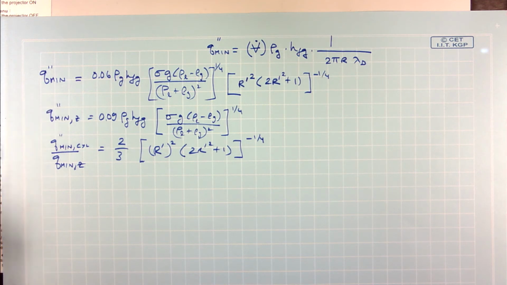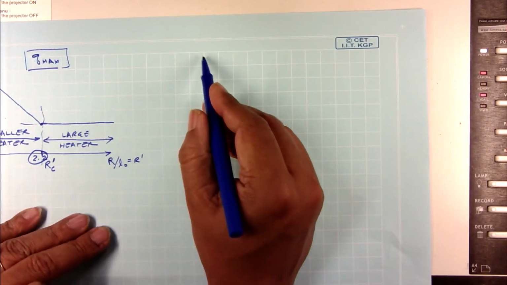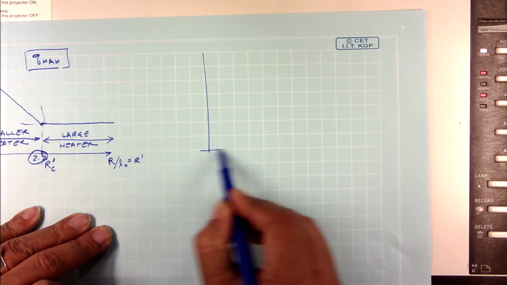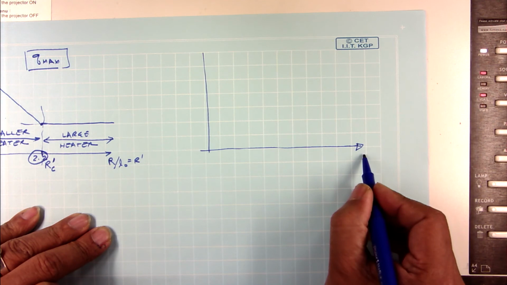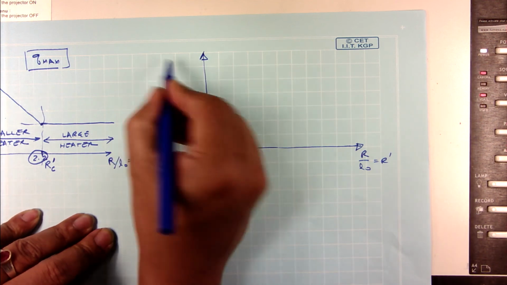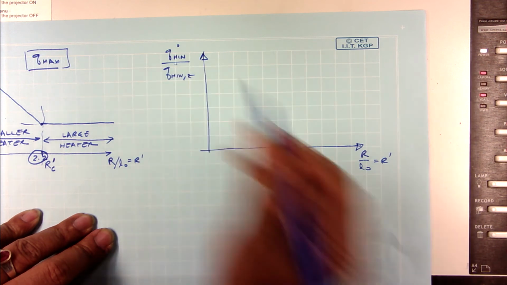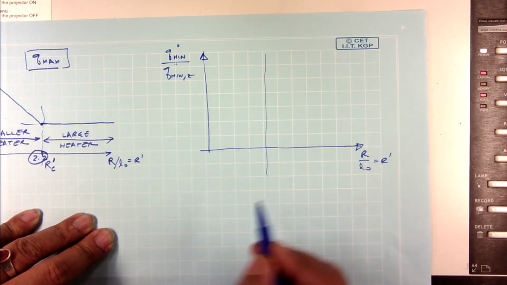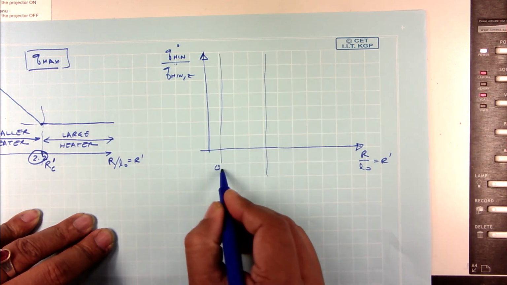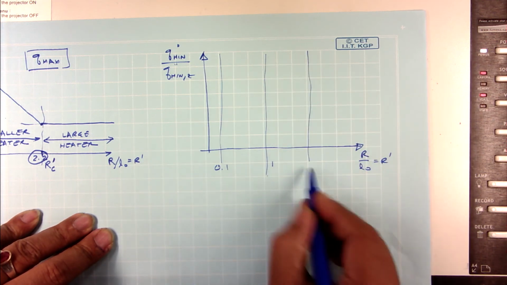Okay. So, if I do a plot just like I did for the q max, if I do a similar plot for q min, so I am plotting r by L naught on this side, which is r prime, and I am plotting q min divided by q min Z. Okay. So, I am doing a log plot.